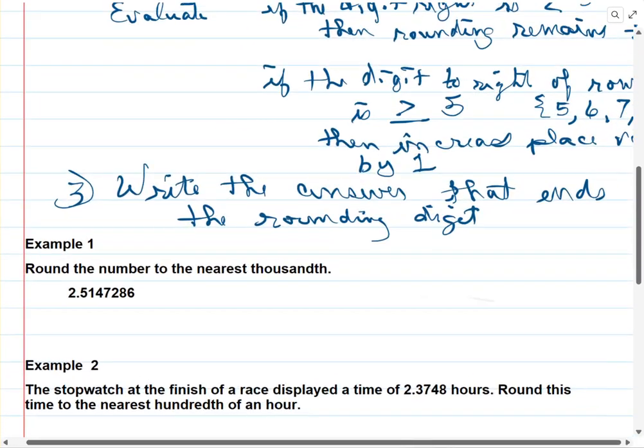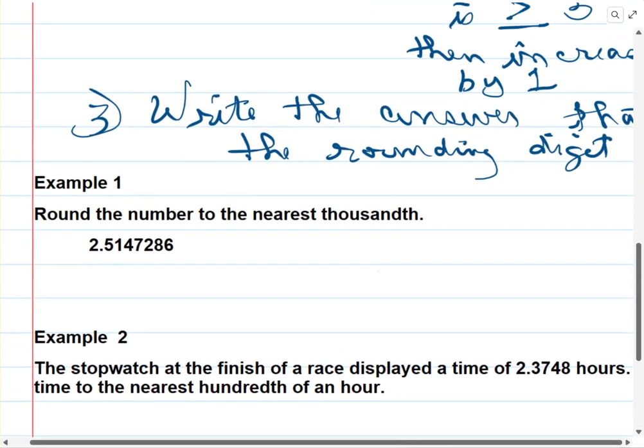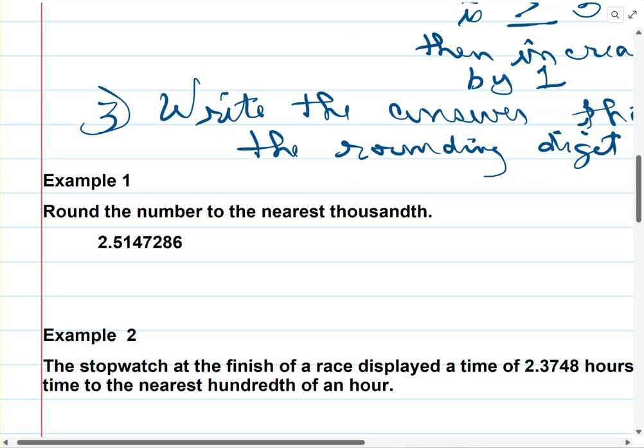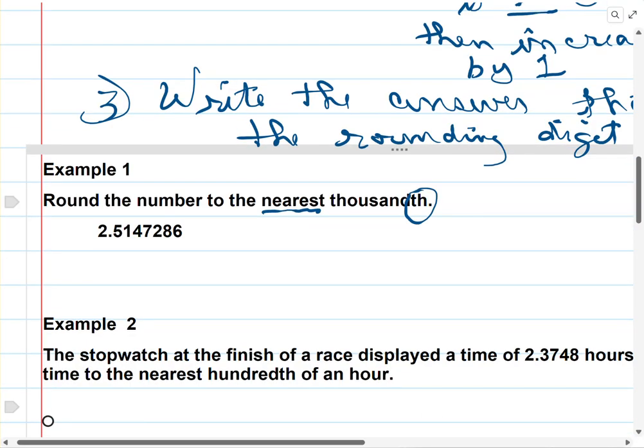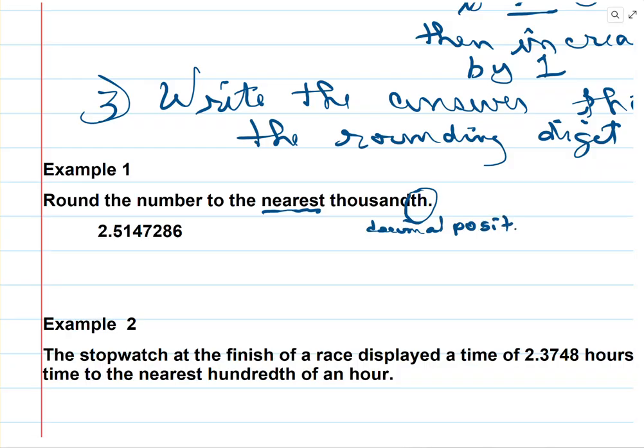So let's do some rounding. And let me make this large so you can see. Round the number to the nearest thousandths. Okay, that's got a TH, so this is a decimal position. All right, so this is tenths, hundredths, thousandths. Okay, it's 3 decimal places.